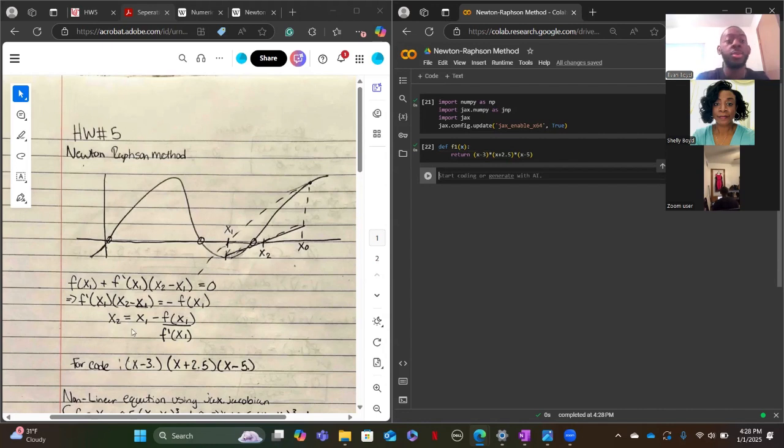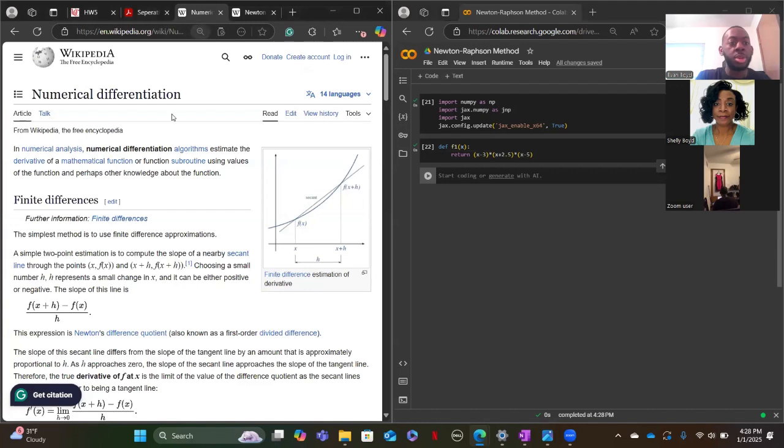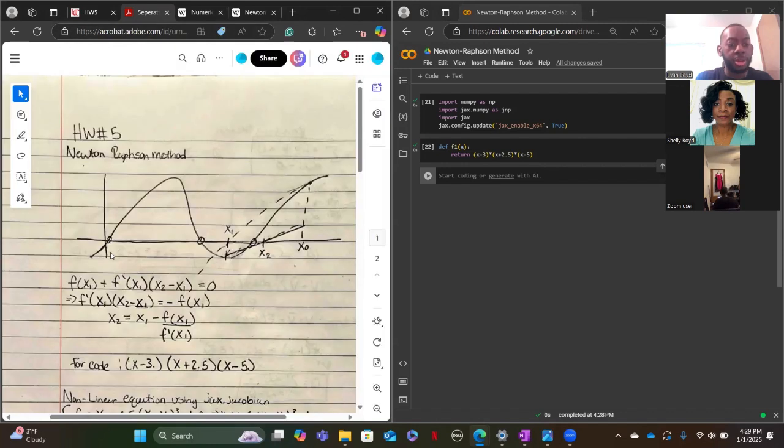Next part we have to do is use this equation for our finite differences equation in numerical differentiation. If we go back here, this is for our f prime function. As you know, f prime means the derivative of our original function. We can't just state f. It's not just a regular function, it's the derivative of our actual function.